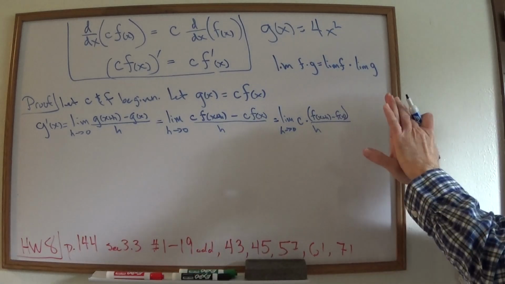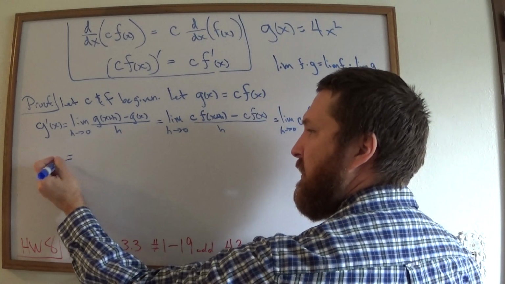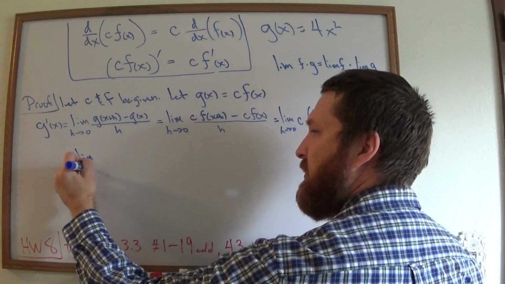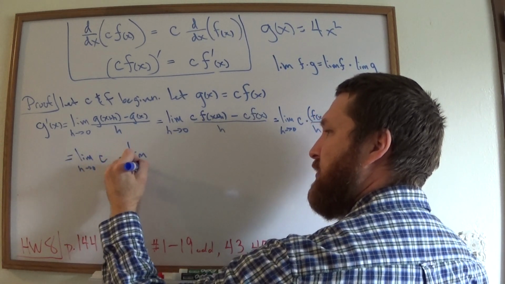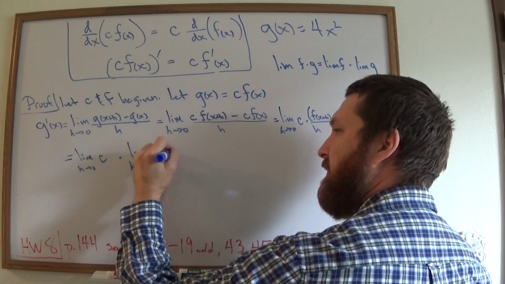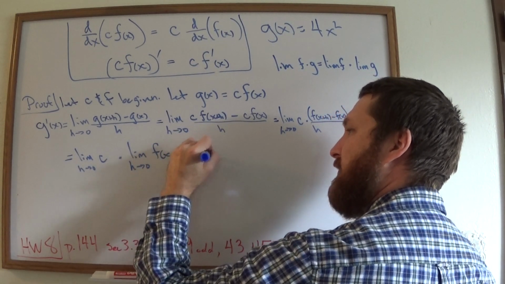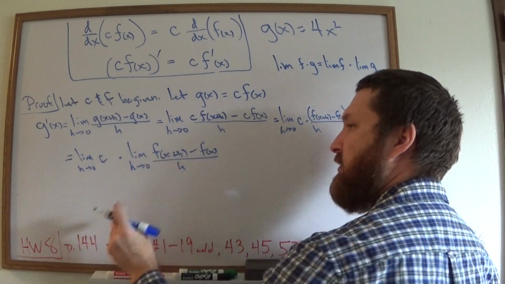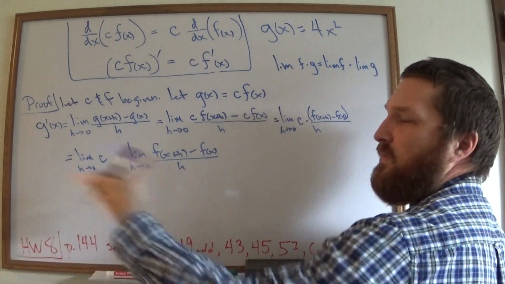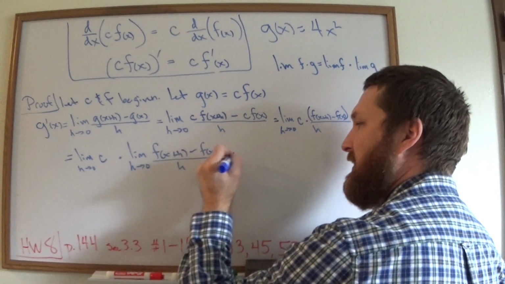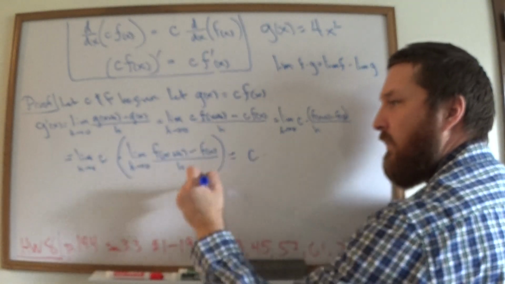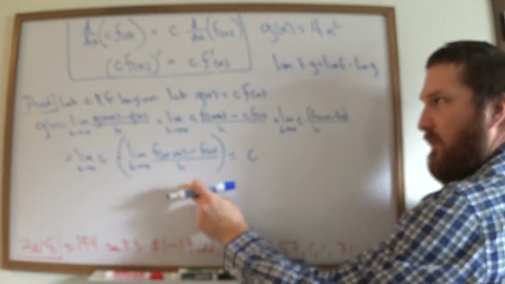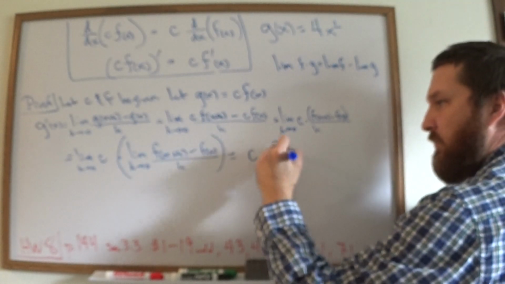By the limit laws, that's the limit as h goes to 0 of c times the limit as h goes to 0 of f of x plus h minus f of x over h. There's no h in there, so it's just a constant, and so it's just c times the limit of this stuff, which is by definition the derivative, f prime of x.